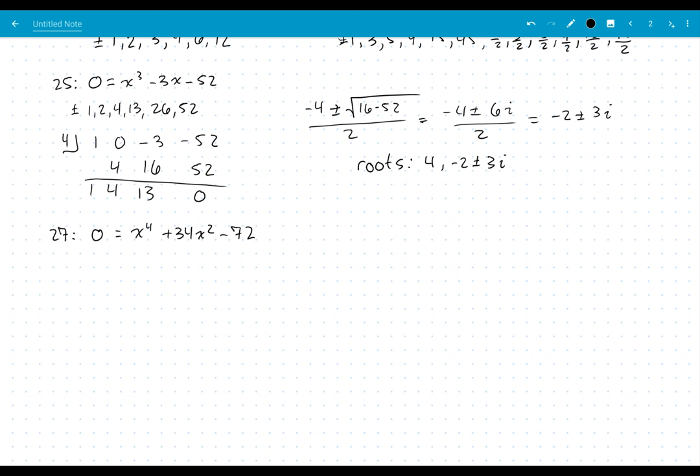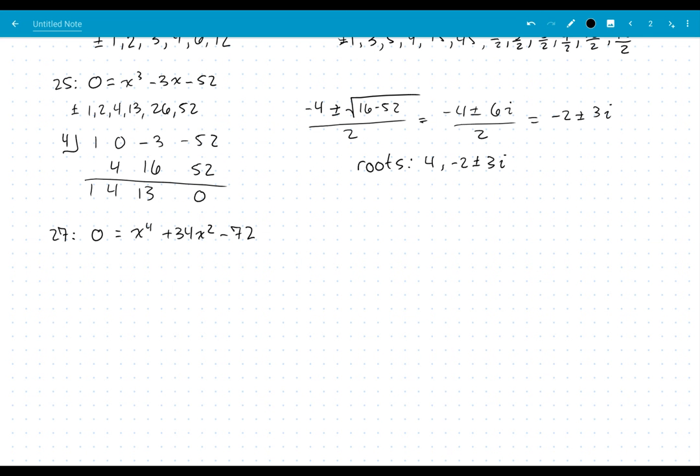Let's just take a look at this for a second. 34 is equal to, 72 divided by 2 is 36, okay? And then 34 is 36 minus 2. So 34 plus 2 is 36. And then we multiply by 2.